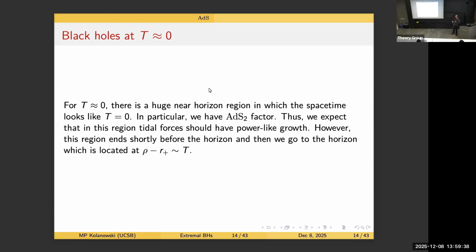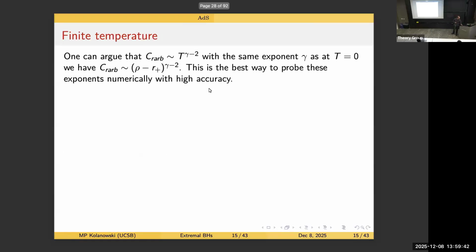In particular, the Weyl tensor should still be large when evaluated at the horizon. And then you can argue that, in fact, this component of the Weyl tensor is going to behave like T to exactly the same power as the radial dependence in strict extremality. And this is going to be the best way to actually probe this numerically.